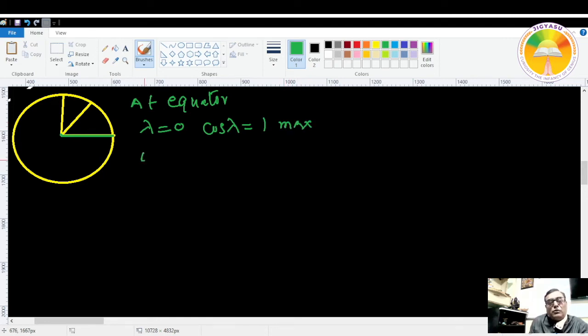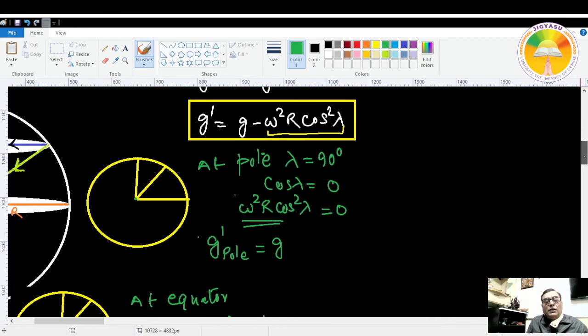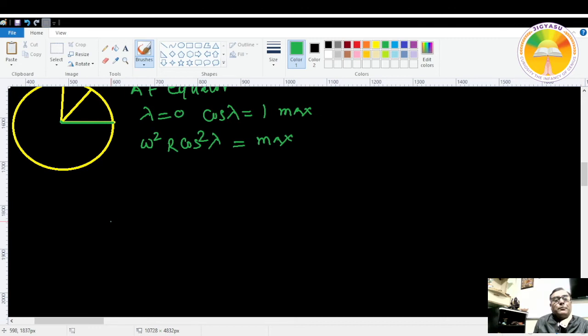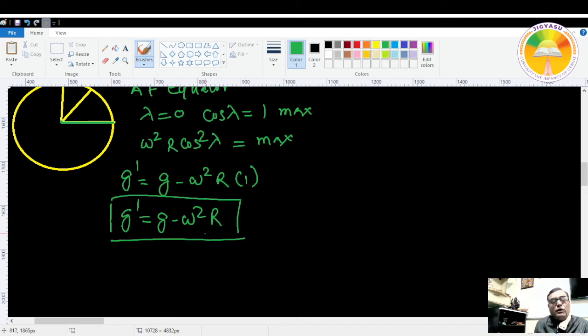Therefore, the decrement factor omega square R cos square lambda is maximum. So there will be maximum effect on the acceleration due to gravity at the equator. So g dash is g minus omega square R. Cos lambda becomes 1, then g dash equals g minus omega square R. That is at the equator. So the effect of rotation is maximum at the equator.